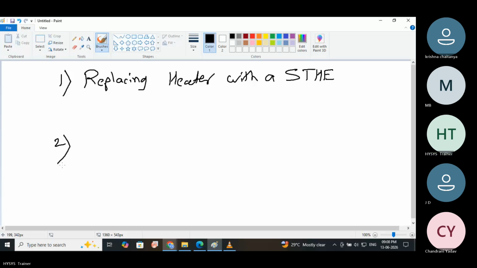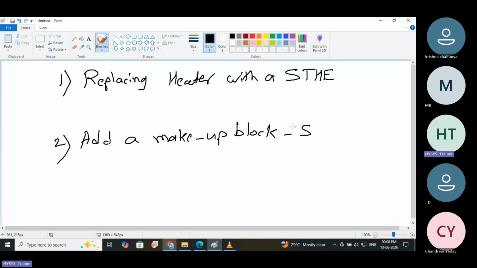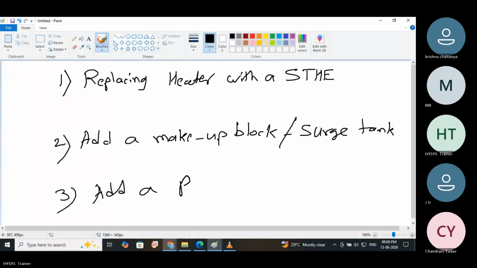The second thing is we are going to add a makeup block, or we can call it a surge tank. Then we will be adding a pump and cooler. So I will just tell you the purpose behind adding all these three things.